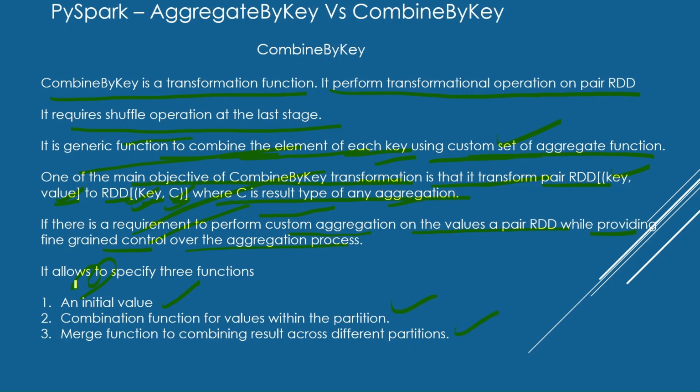Okay, so this is the initial value. What is the initial value? It is going to initialize the accumulator per partition. The combination function is going to combine the values of a key within each partition. And the merge function is going to collect the results of the different partitions and give you the final result.